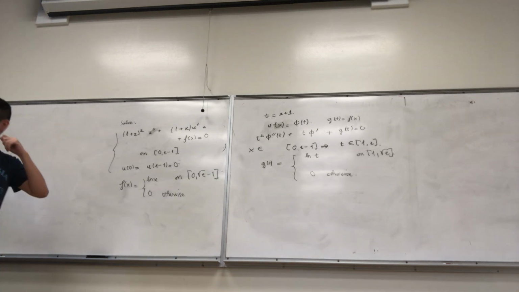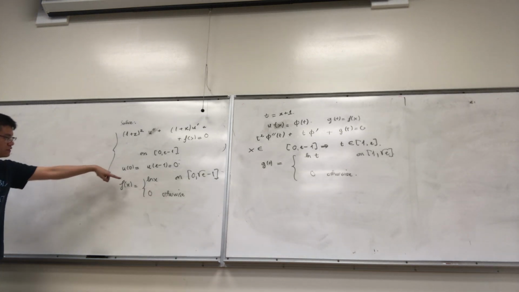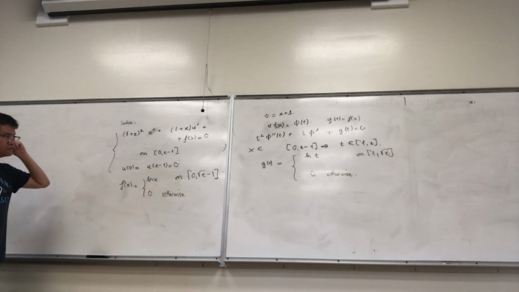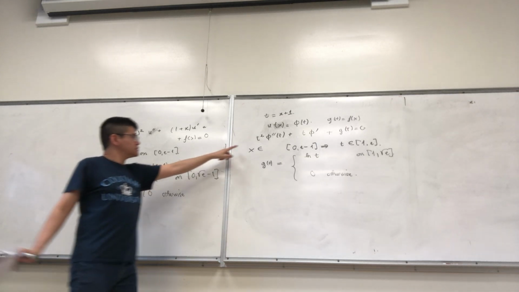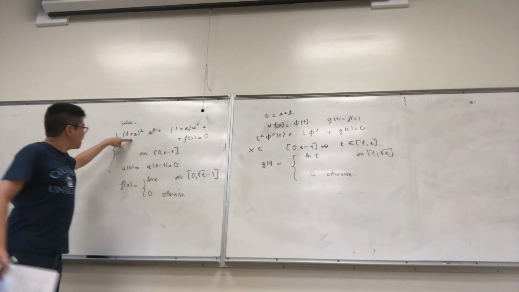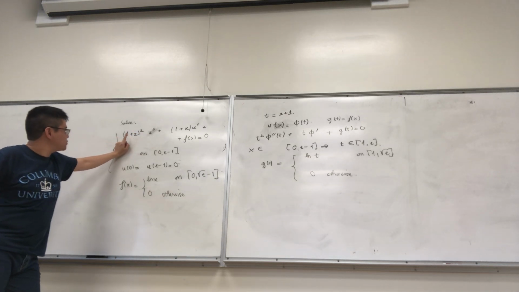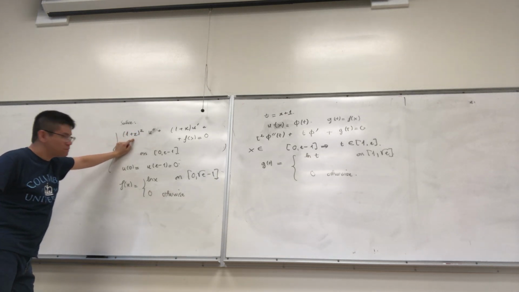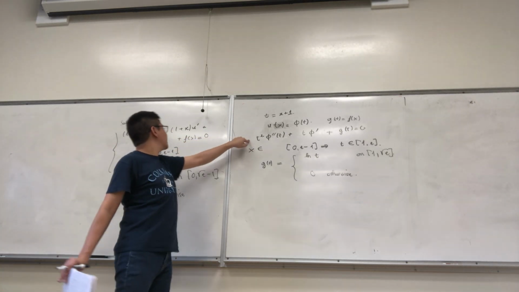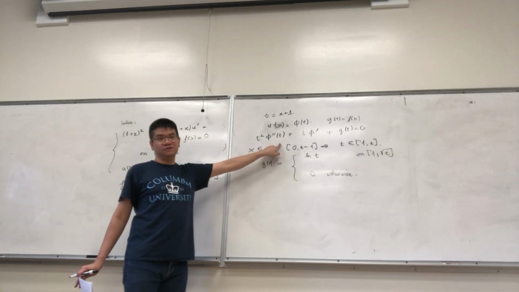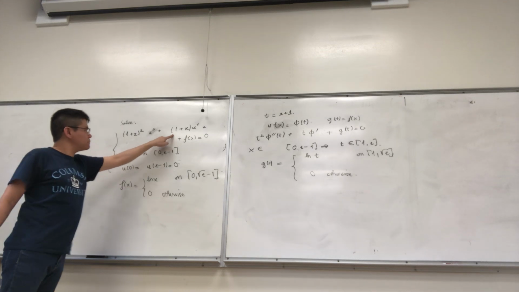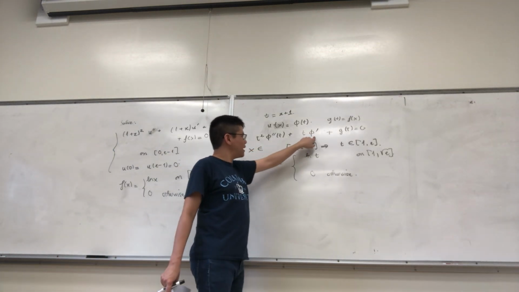Right? So you have to shift the solution, right? So here I changed the variable, right? So 1 plus x will be t. So (1 plus x) squared will be t squared. This u will be the phi in terms of t. This (1 plus x) u prime will be t phi prime.